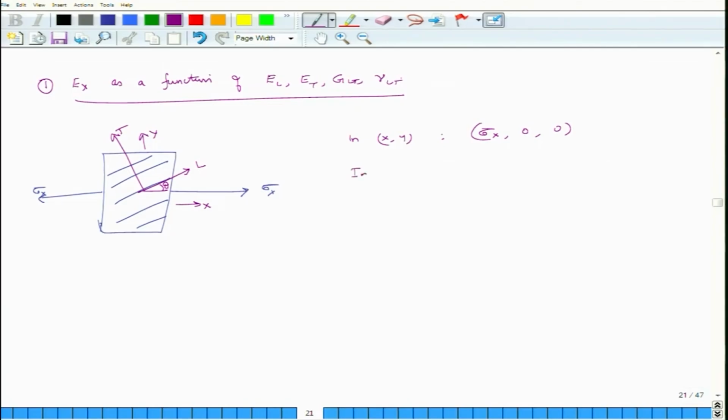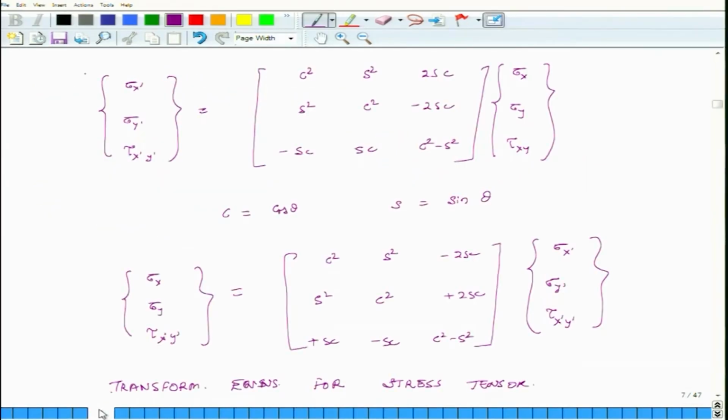In LT frame, what are the stresses? There will be sigma L, sigma T and tau LT. So we have to transform sigma x in the LT frame, and we will use the transformation equations which we had developed earlier, I mean using these stress transformation relationships.